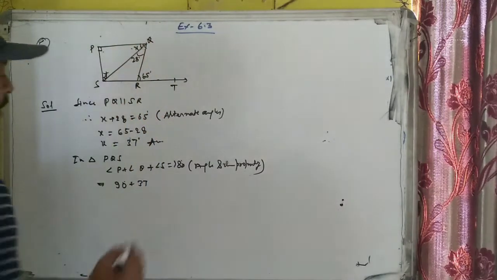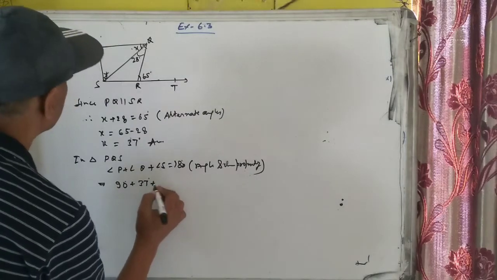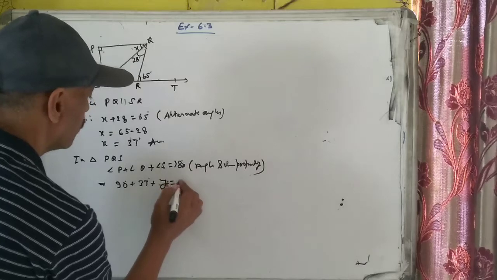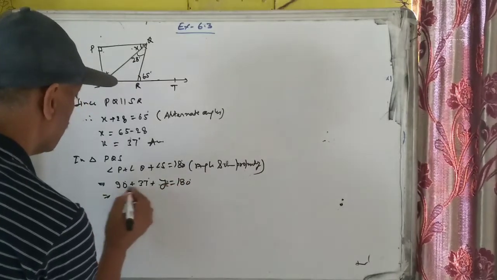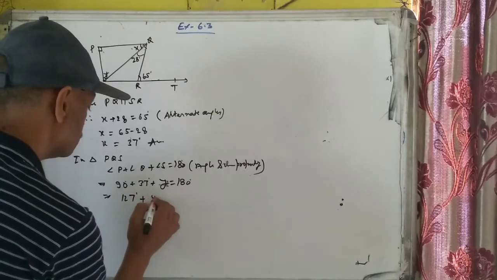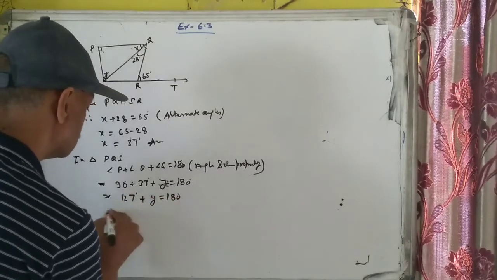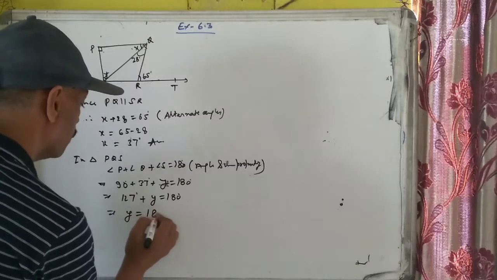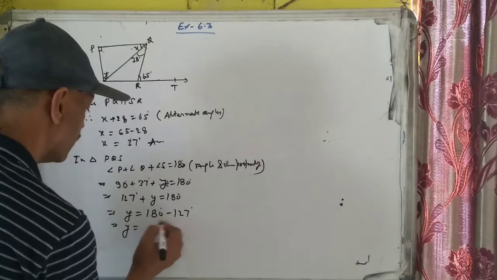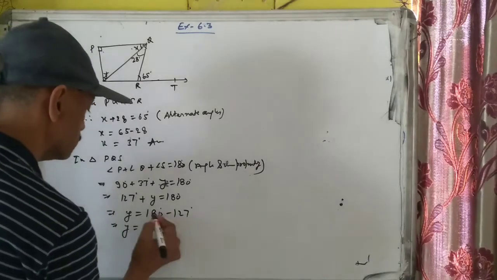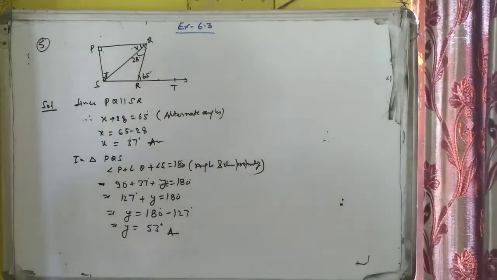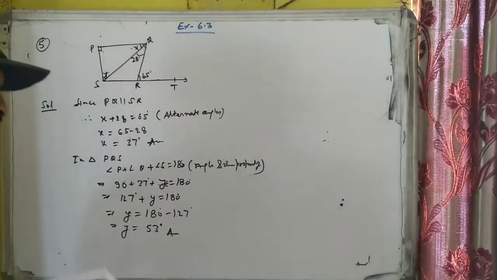So X is there, that is 37, and Y. So the Y equal to 180, now 90 plus 37, 127. Y equal to 180 minus 127. So the value of Y, this is 53 degree. Okay, so in this way you can solve this question.